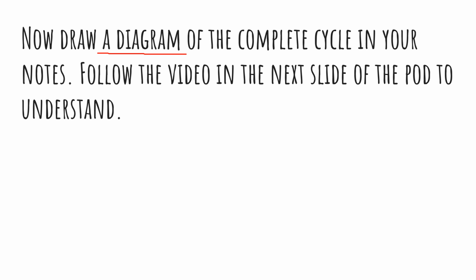So I've included a video in the next slide of the pod, so you need to exit out of this video, move on to the next slide, and that should have a video that will hopefully explain better how to combine these. But whether you're doing the written version or the printed version, you do need to have all 3 processes put together somewhere in there. So either way is fine.